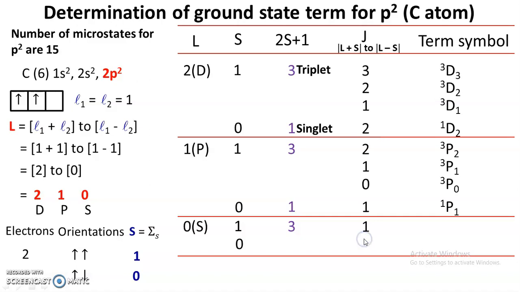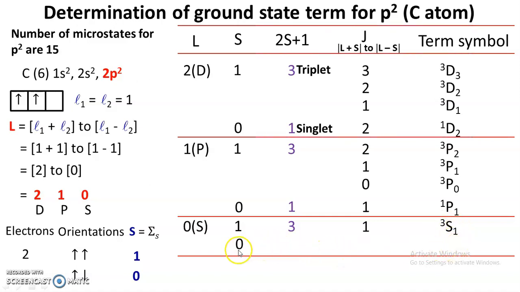Therefore only one J value is possible, that is 1, and the corresponding term symbol is S31. Why S? Because L is equal to 0. 3 is the multiplicity, and 1 is the J value.